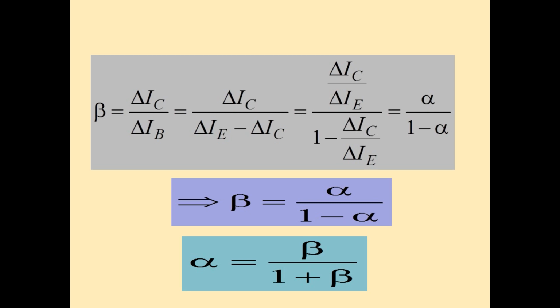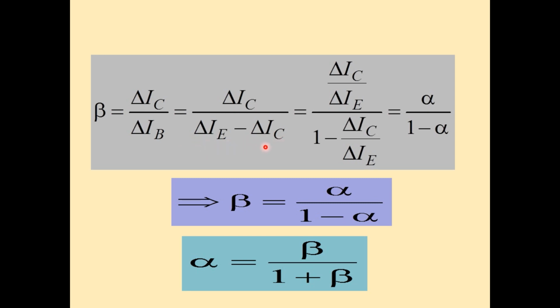So already you know the range of alpha and range of beta. Range of alpha 0.95 to 0.99 and beta 20 to 500. Beta equal to delta IC by delta IB, which is delta IC by, we know that IE equal to IB plus IC.